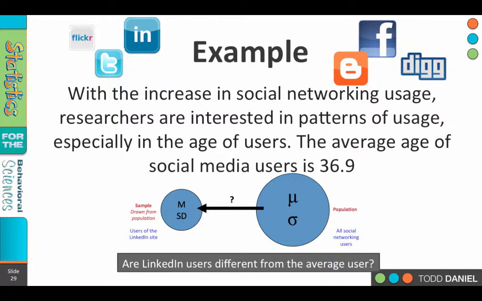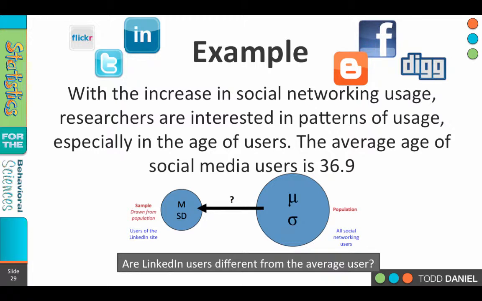So we have a sample, that's the smaller circle with the M and the SD. That is a sample drawn from the population. It has a mean and a standard deviation. The population also has a mean and standard deviation that are represented by mu and sigma. The population is all social networking users, but the sample is users of the site LinkedIn.